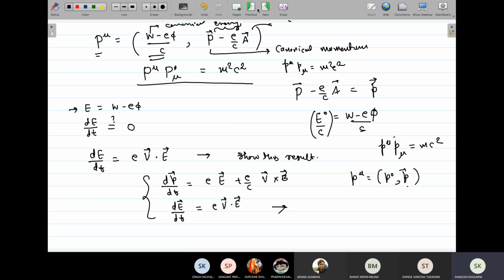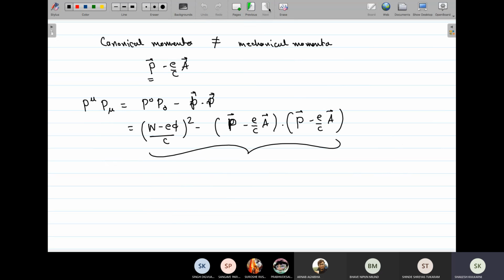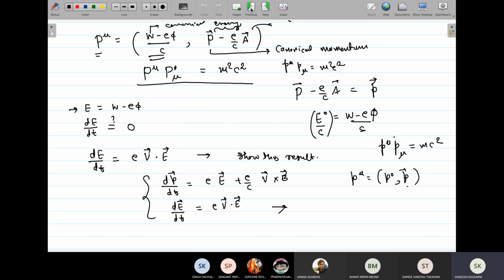So you have the four momentum defined for a particle moving in an external electromagnetic field. And we got these two equations of motion. I will call this also an equation of motion; in some sense, this is also an equation of motion.